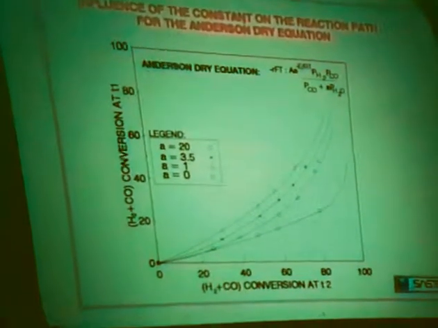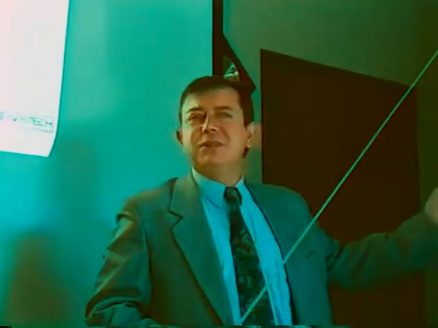Then there was this cobalt manganese catalyst that, unlike other cobalt catalysts, did have water gas shift activity. And then we found that that cobalt manganese did follow the singular kinetic path of the iron catalyst with water gas shift.